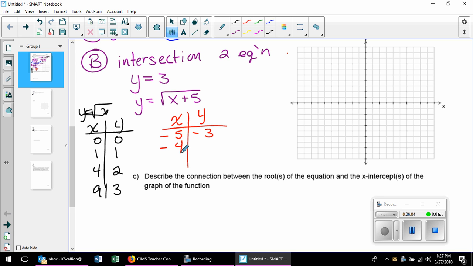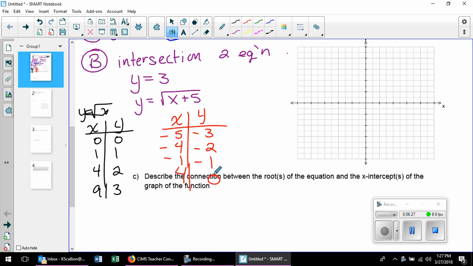If I'm at 4 and I move 5 left, I'm going to be at negative 1. And if I'm at 9 and I move 5 left, I'm going to be at a positive 4. And if I'm at 1 and I move down 3, I'm going to be at a negative 2. 2, I move down 3, I'm going to be at a negative 1. I'll be at 0 here.